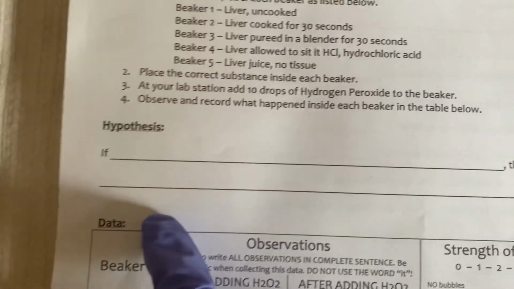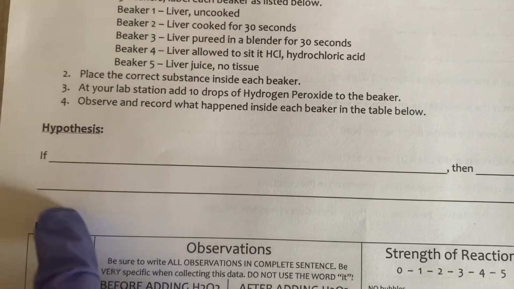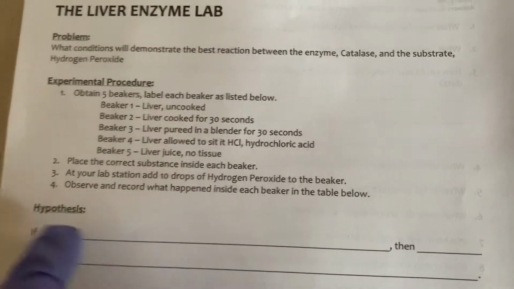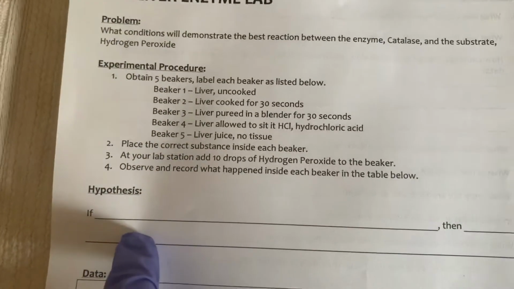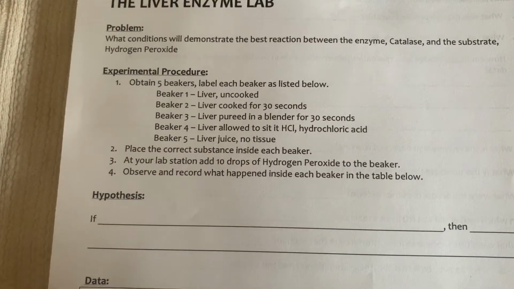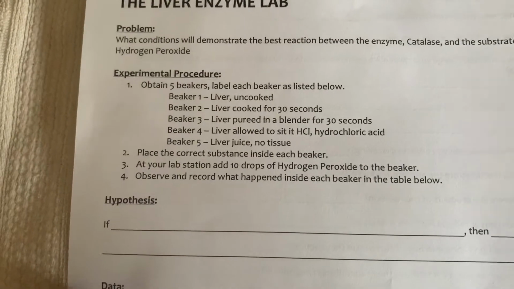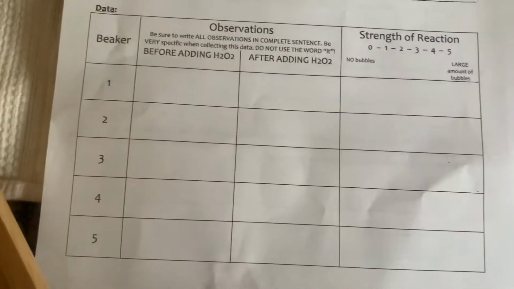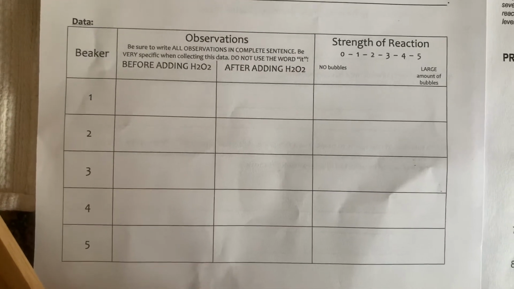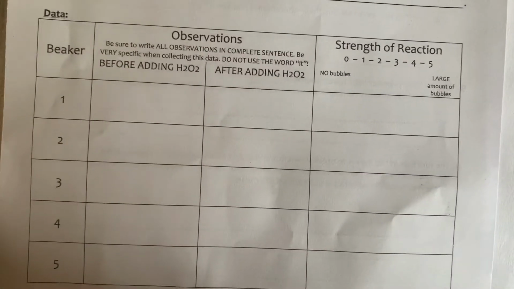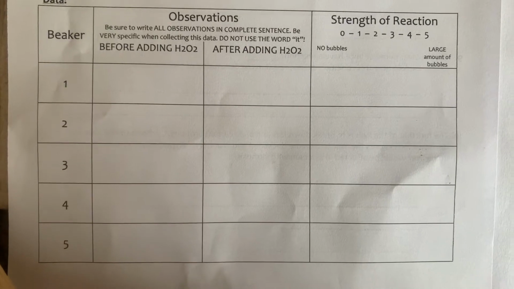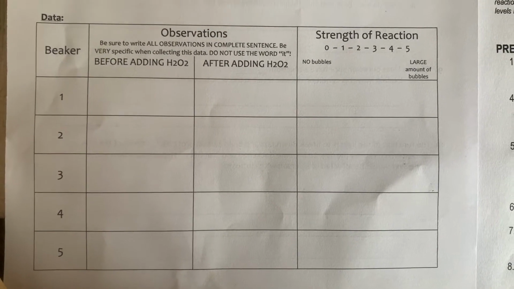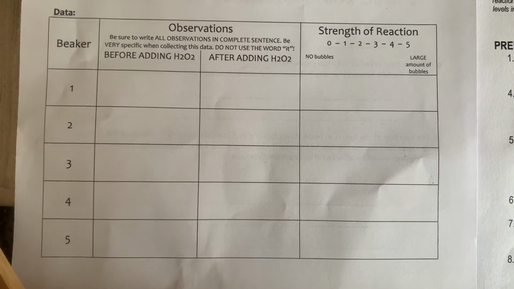And the hypothesis you write is, if the liver is whatever, cooked, pH, pureed, then this will happen. So you need to add your hypothesis there of what you think is going to happen. And then you make your observations before adding hydrogen peroxide and after adding hydrogen peroxide.